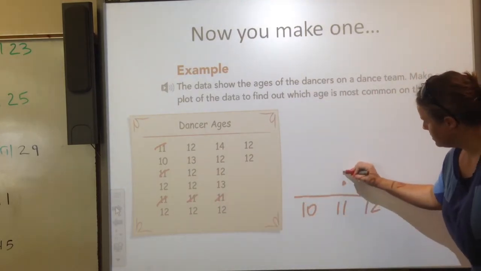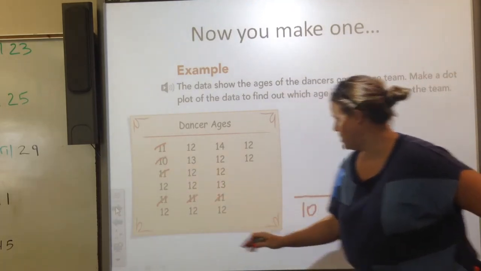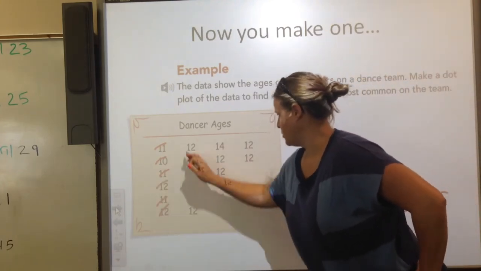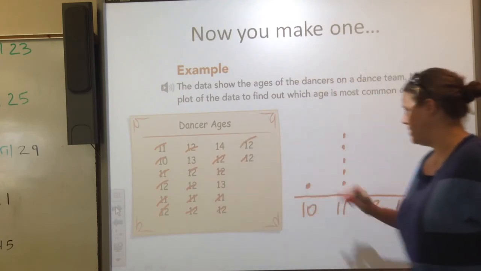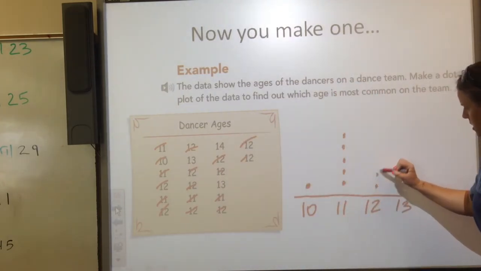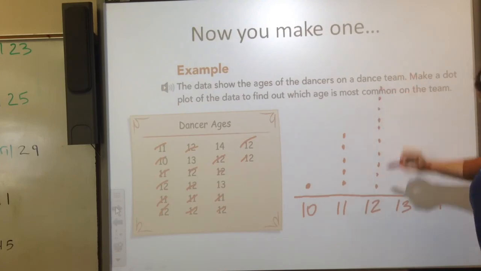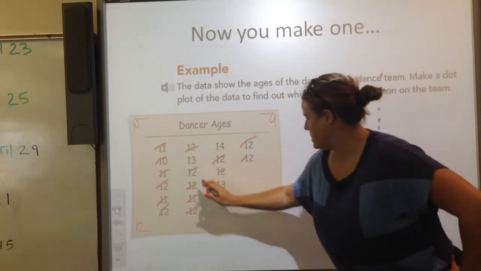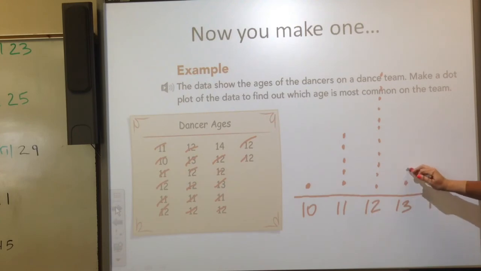There's 1 10. 1, 2, 3, 4, 5, 6, 7, 8, 9, 10, 11 of the 12s. 1, 2, 3, 4, 5, 6, 7, 8, 9, 10, 11. There are 2 13s. And then there's 1 14.